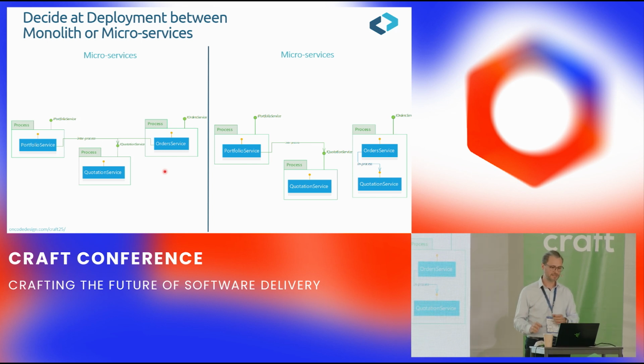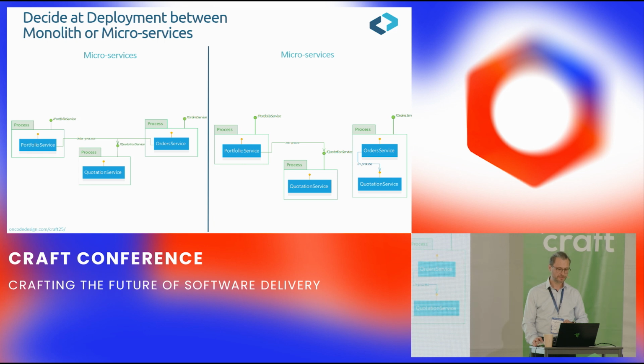And then we could decide, okay, what if we place this in the same process and have that communication be through function calls. Basically, if we would have here a client which would call these endpoints, let's say there are REST endpoints, the client would not be affected by changing this deployment configuration because the REST calls remain as they were.